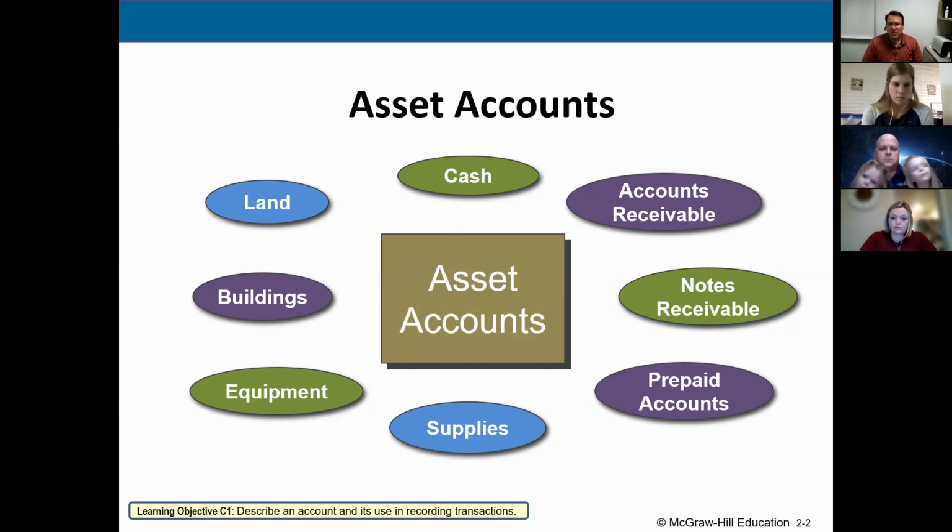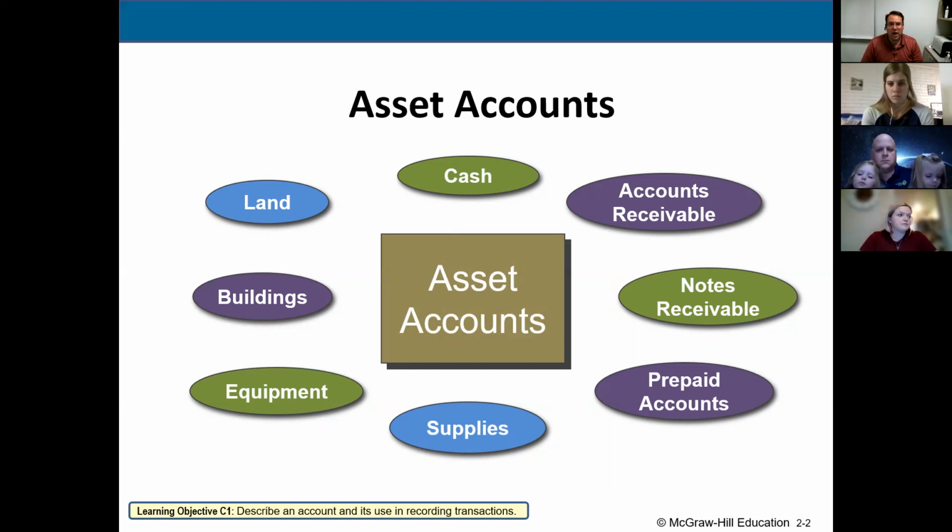Note receivable is money owed to the business, but in a more formal way, where you've actually drawn up an agreement on how someone's going to pay you. And prepaid accounts are when you pay in advance. The most common one probably is prepaid insurance. A lot of us will pay our car insurance for 6 months at a time.